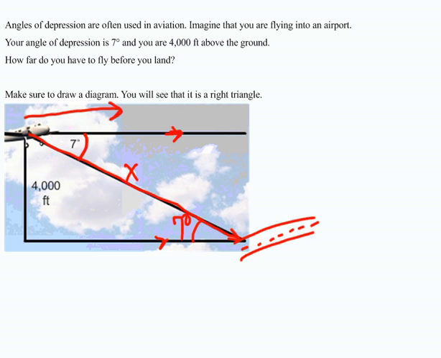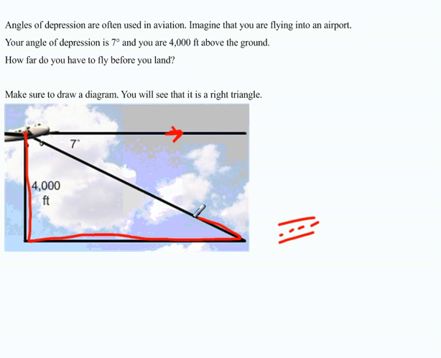So let's clean this up and look at it. That means we have our right triangle here. It's not pretty, but it's a right triangle. This is a 7-degree angle, and we are looking for x. So let's set up what we know. In relationship to our angle, this is our opposite side, this is our adjacent, and this is our hypotenuse. So we're given the two values of opposite and hypotenuse.